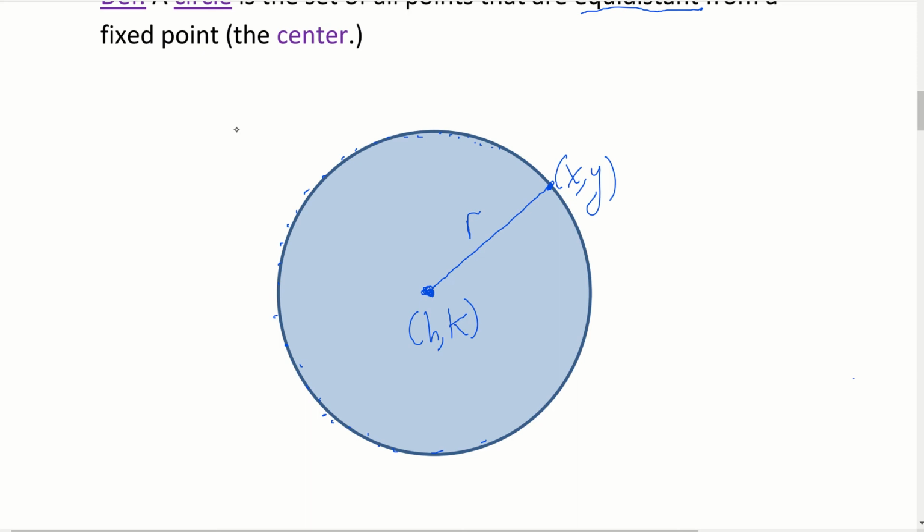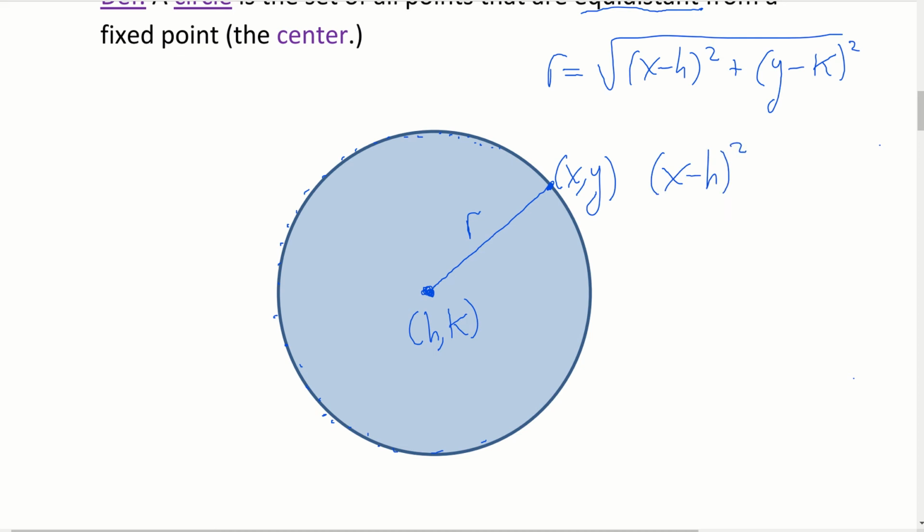The distance, in this case our fixed distance r, is going to be equal to the square root of the differences in the x coordinates, let's call this x minus h, squared, plus the differences in the y coordinates squared, y minus k squared. And then it's common practice that whenever you see the equation of a circle, people will square both sides to put it in the following form. And this is the equation of a circle. It's actually a consequence of the distance formula.